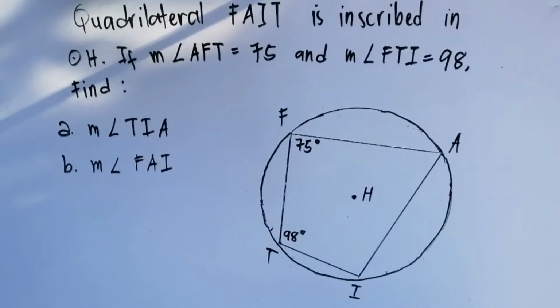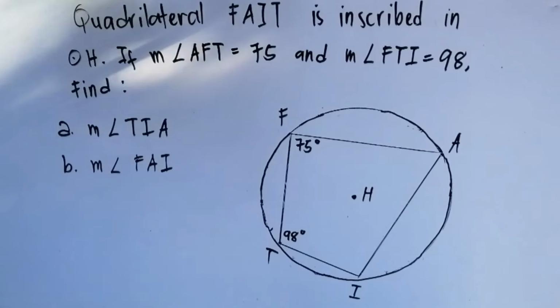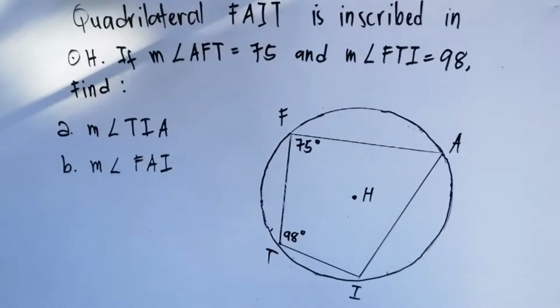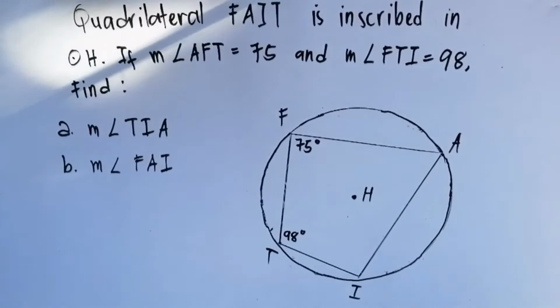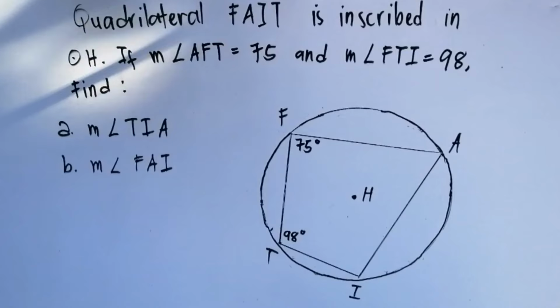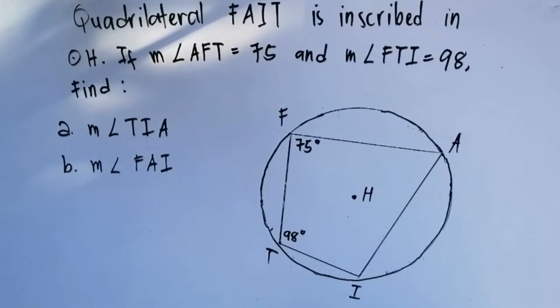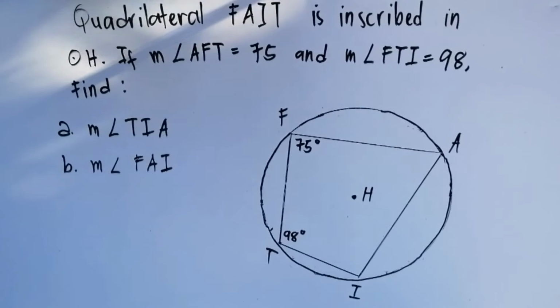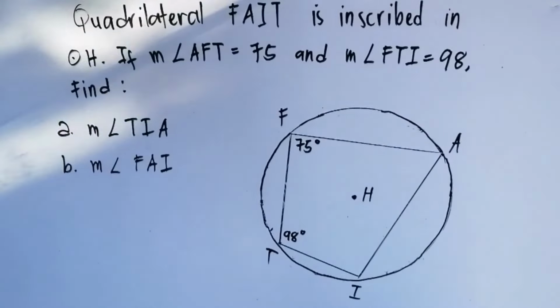Quadrilateral FAIT is inscribed in circle H. If the measure of angle AFT is 75 and the measure of angle FTI is 98, find the measure of angle TIA. In a quadrilateral, the opposite angles are supplementary, which means that the sum of their measures is equal to 180 degrees.